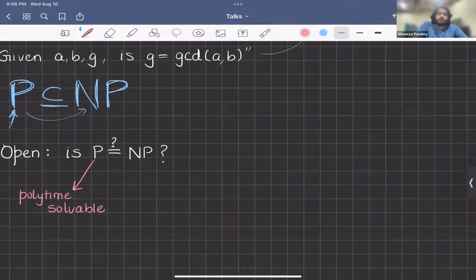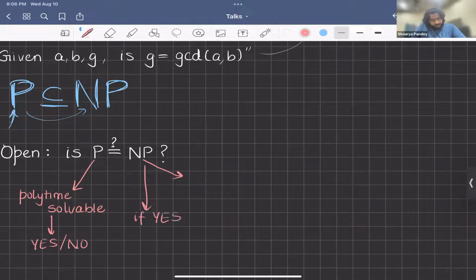That is, we can spend polynomial time and actually solve the problem and decide yes or no. So I only need polynomial time to decide whether the answer is yes or no. While what does NP do? NP says that if the answer is yes, then it's easy to verify it in polynomial time.